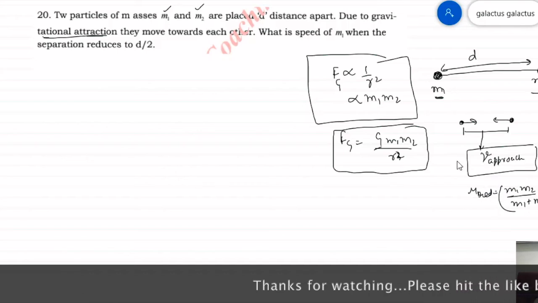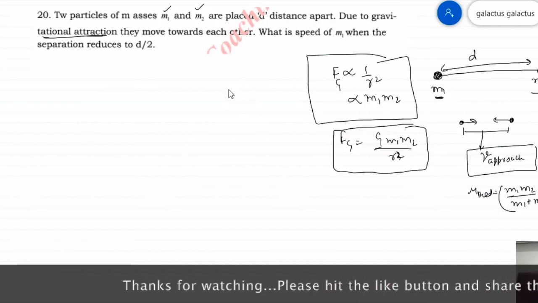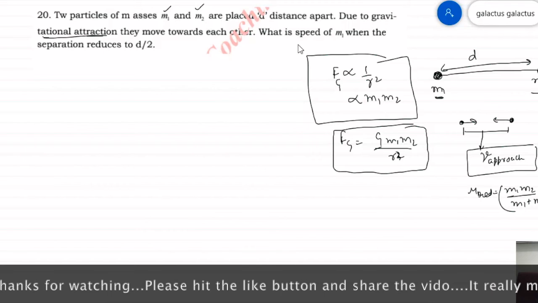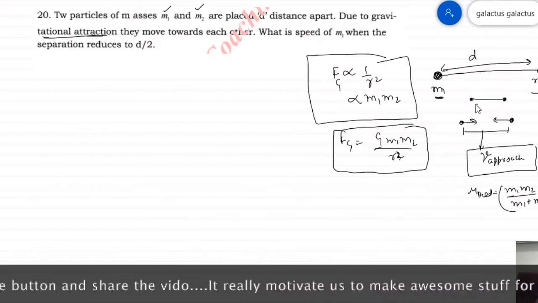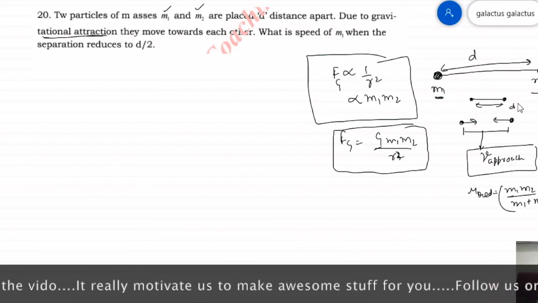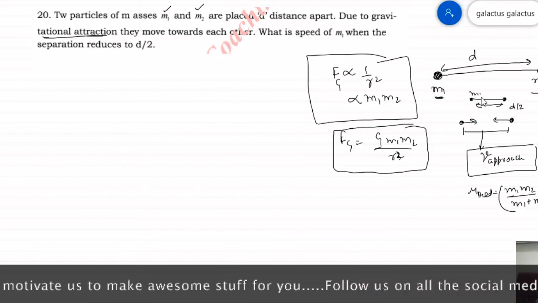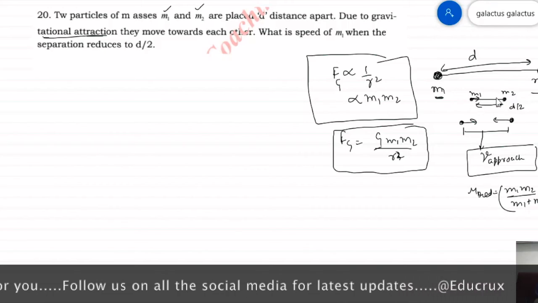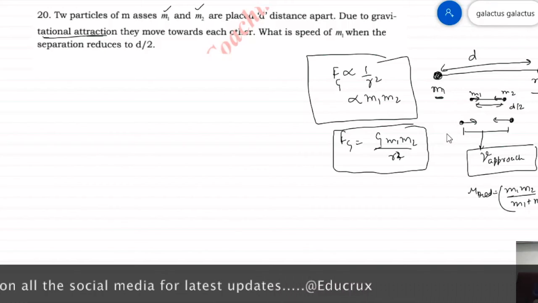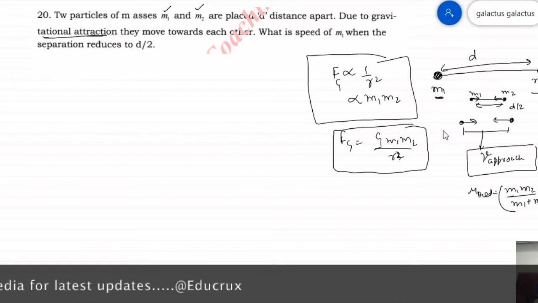So let us now formulate an equation to derive the velocity at the instant when the distance between the particles is d by 2. When the particles m1 and m2 are d by 2 distance apart, we have to calculate the common velocity of approach.